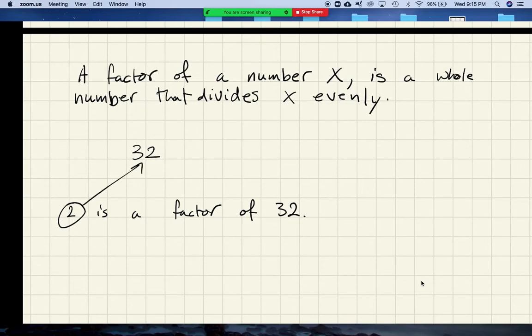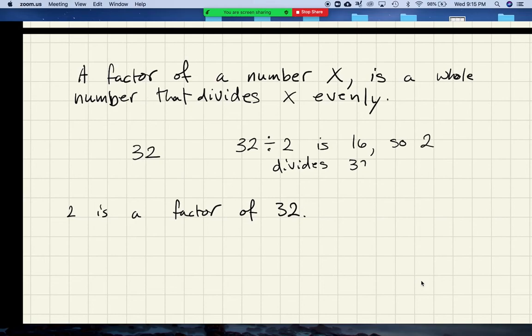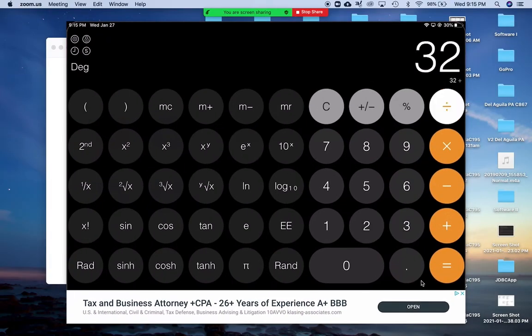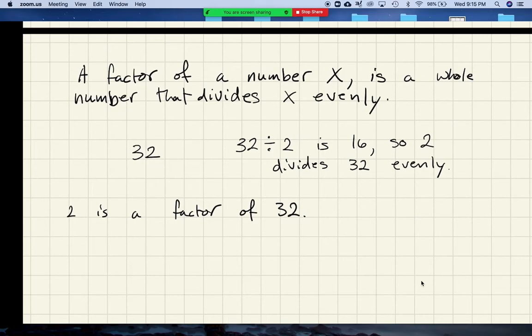So 2 divides 32 evenly. 32 divided by 2 is 16. 16 is also a factor of 32 because I can do 32 divided by 16 and I just get the other side, 2. So 16 is also a factor, and then 8 is also a factor of 32.